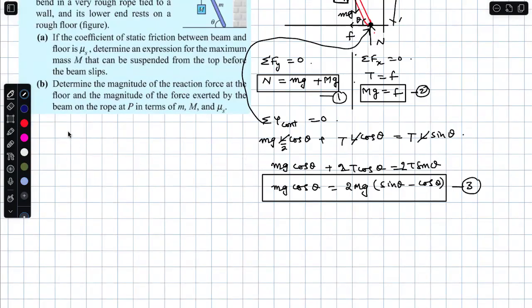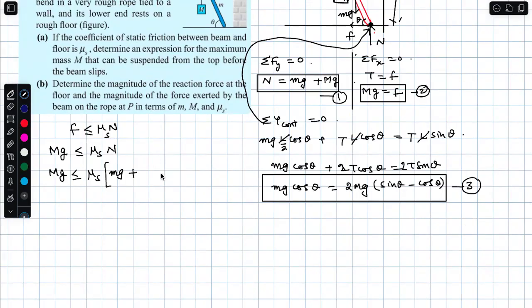From this, F is less than or equal to mu s into N. So mg is less than or equal to mu s into N, which refers to the normal reaction plus capital MG.